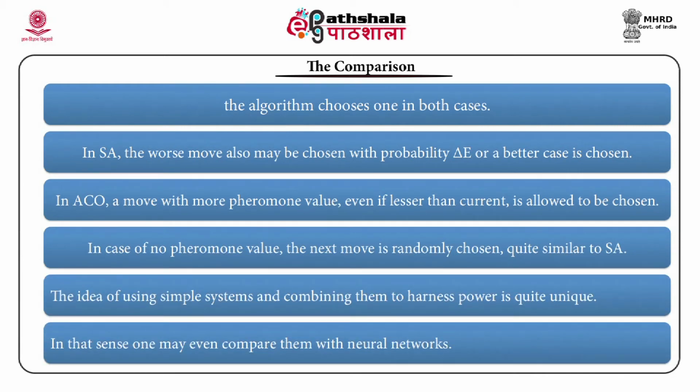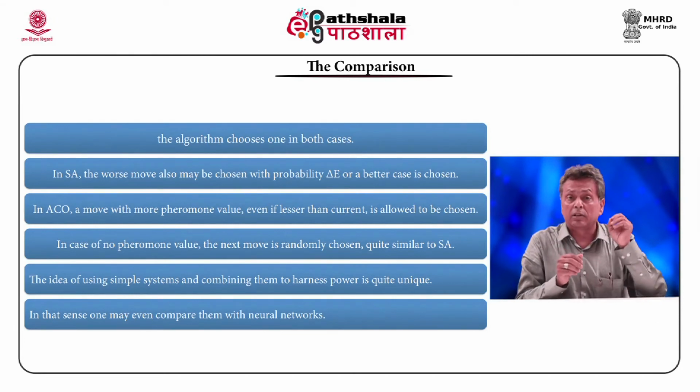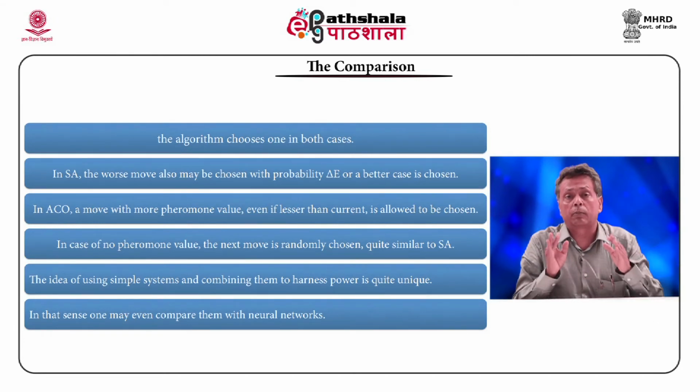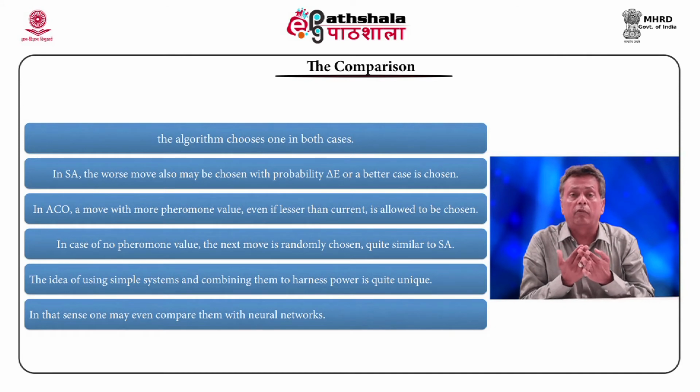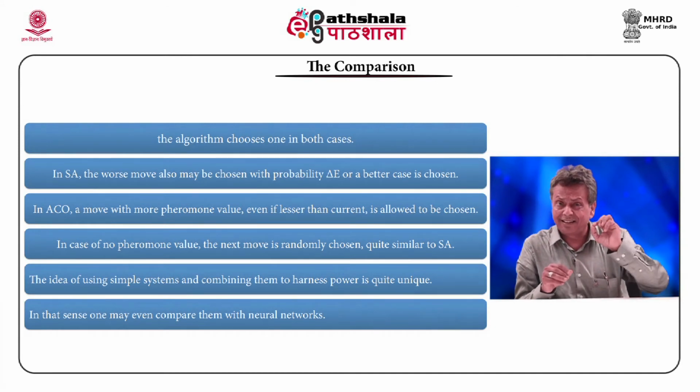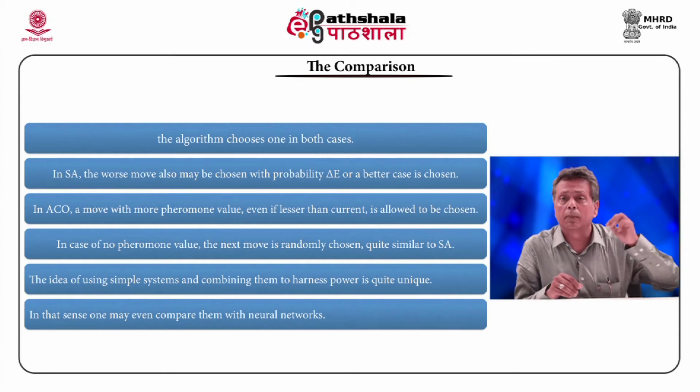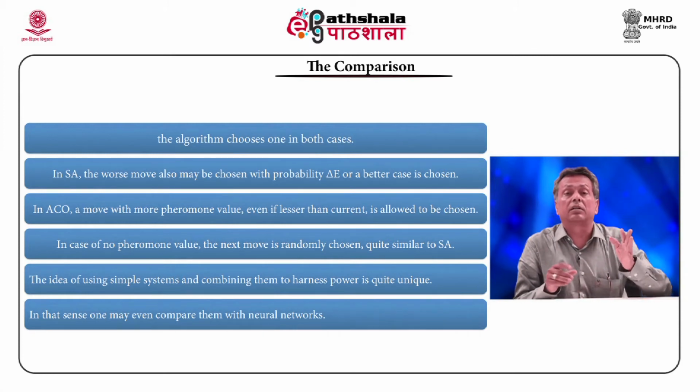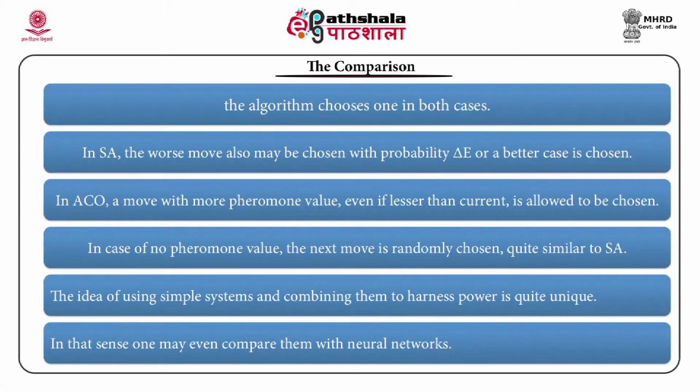In simulated annealing, you are allowed to choose a slightly less optimal path sometimes. Here as well in ACO, as I said, an ant will not always choose the path with the highest pheromone value, but the probability is higher. So sometimes it chooses a non-optimal path as well, and that helps it come out of the local minima or maxima issue, like simulated annealing. The same thing is happening here.